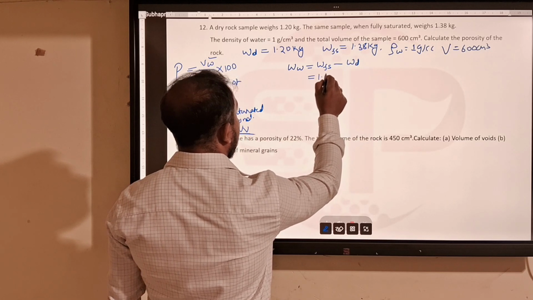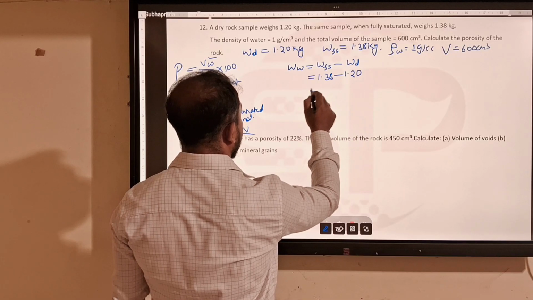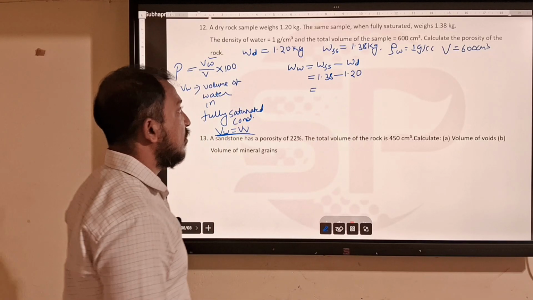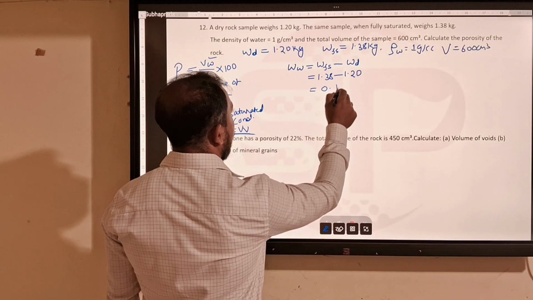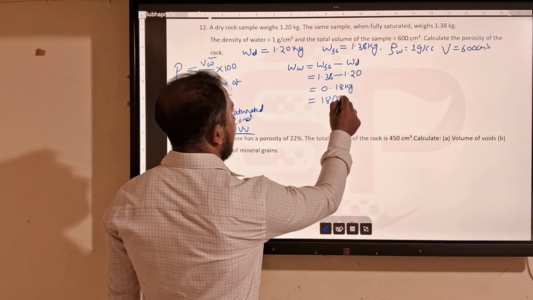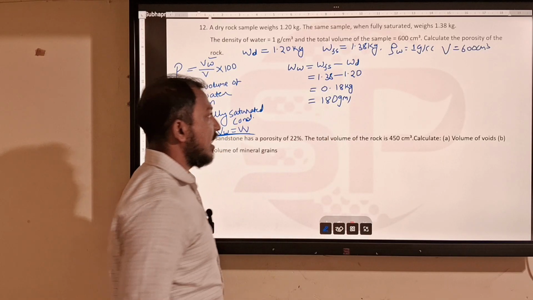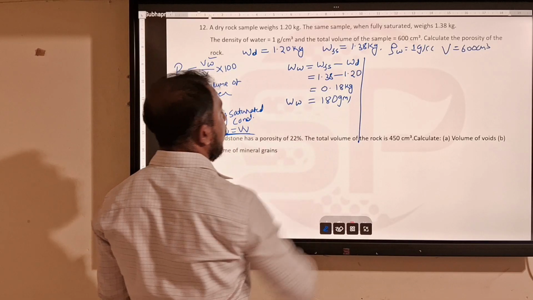So it is 1.38 minus 1.20, which is 0.18 kg. In gram, it will be 180 gram. Now this is our weight of water.